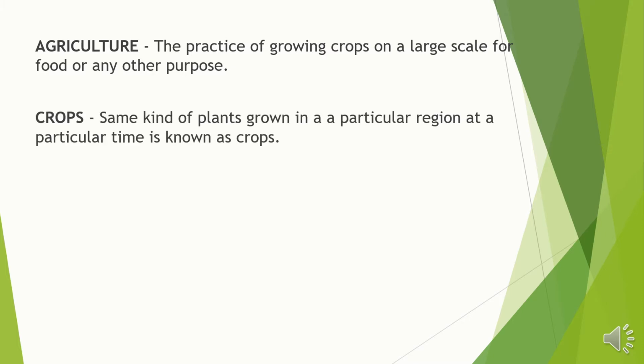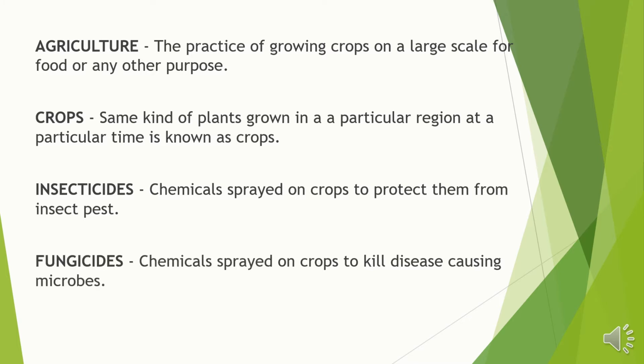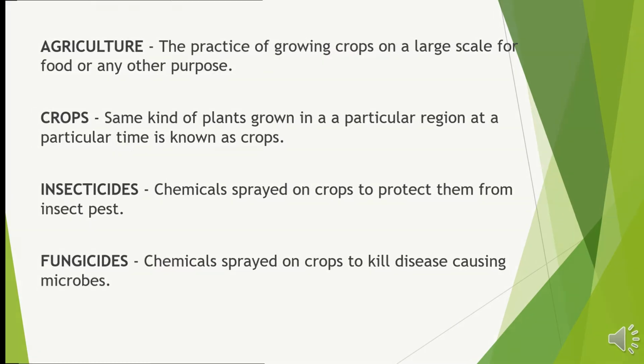Crops: the same kind of plants grown in a particular region at a particular time are known as crops. Insecticides: chemicals sprayed on crops to protect them from insect pests are known as insecticides. Fungicides: chemicals sprayed on crops to kill disease-causing microbes are known as fungicides.